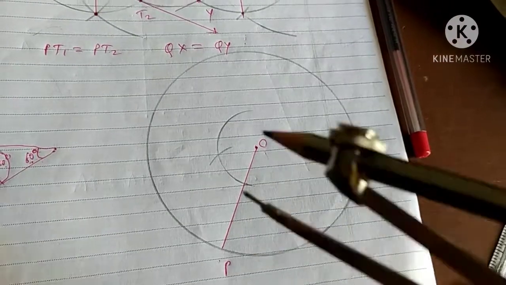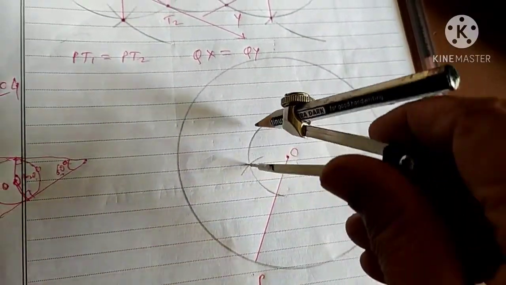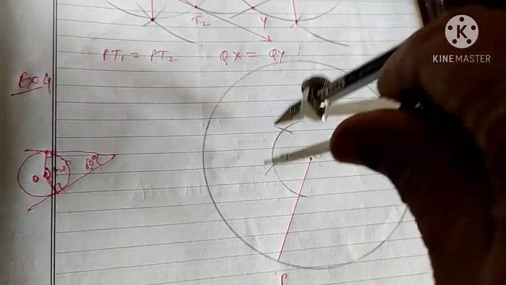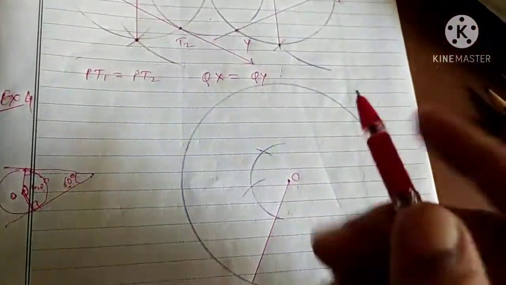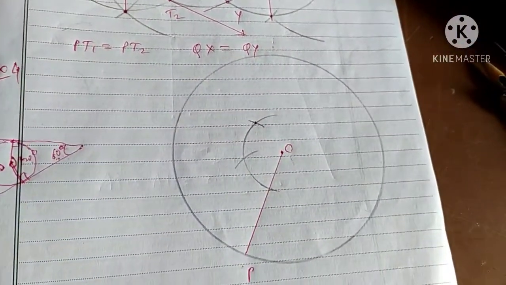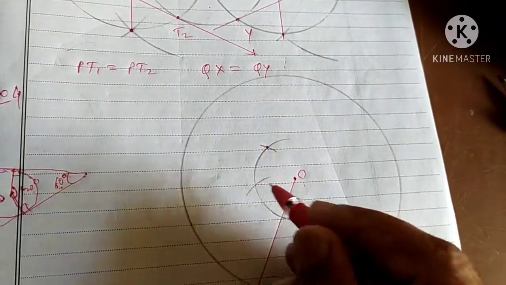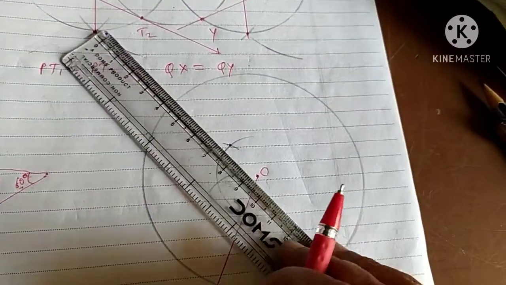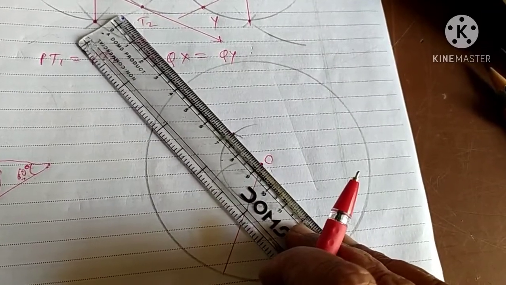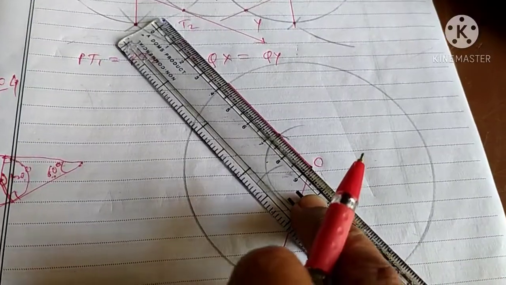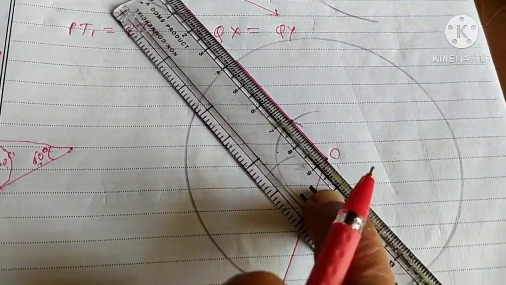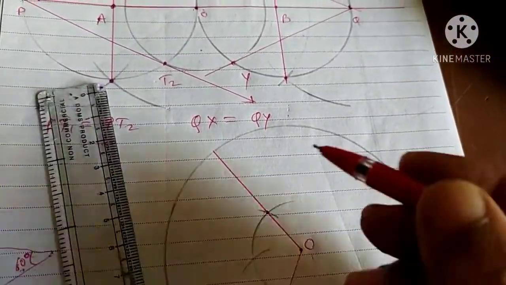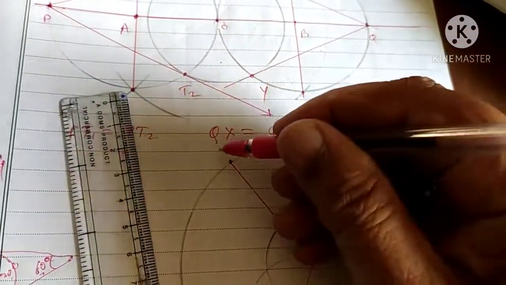We got 60 degree. Again, with this point as center and same radius, draw an arc on this point. Now, draw a radius passing through O and this point. Clear? See, this radius intersects the circle at point say Q.